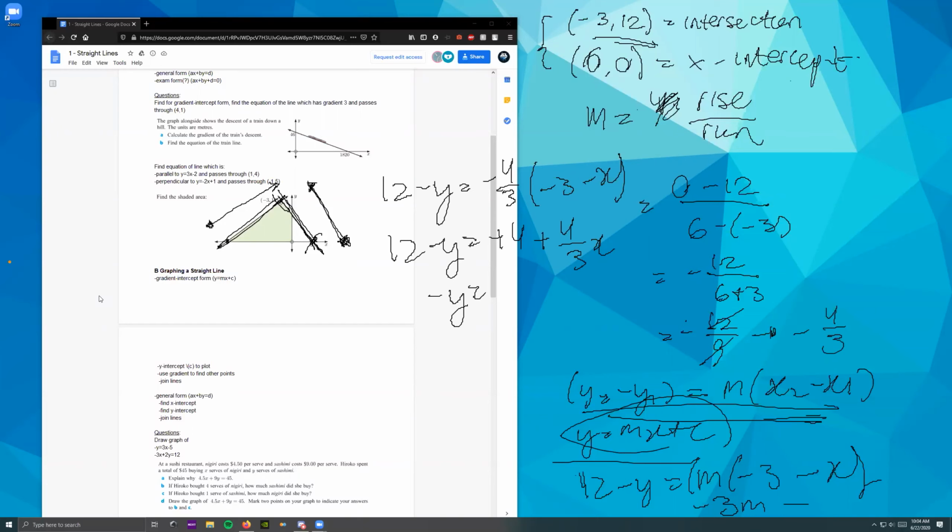So if you move 12 to the other side, you get 4 over 3x plus 4 minus 12. And if you move this thing to the other side, it becomes y equals minus 4 over 3x plus 8.